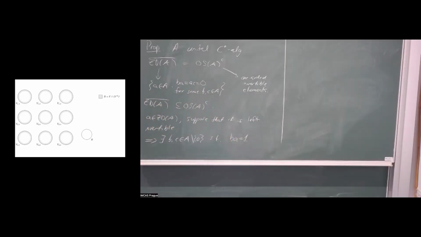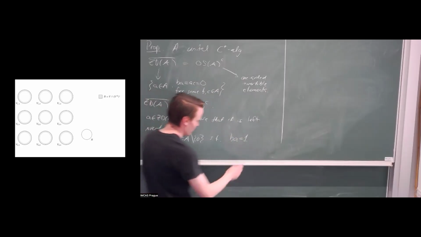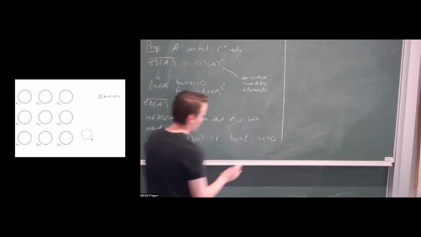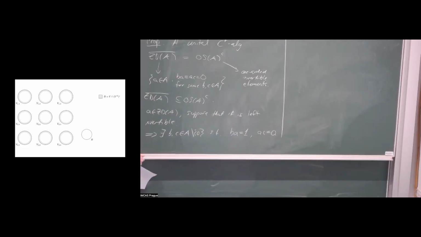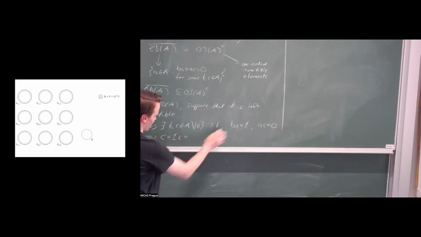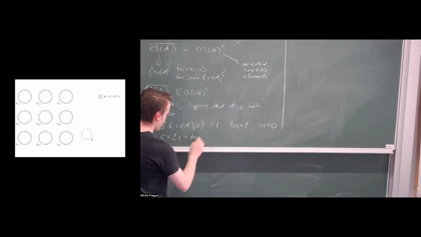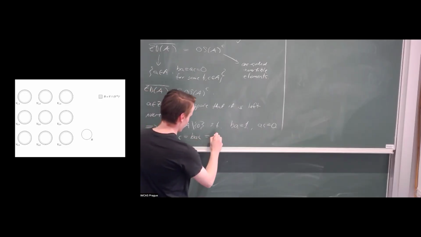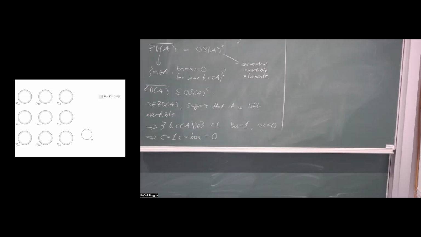So let's say B times A equals 1. But it's also a two-sided zero divisor. So this C annihilates A from the right. Okay, but then this implies that C equals 1 times C. And then we can invoke this equality. So this is BAC. And then using associativity, you can see that this is actually 0. But we assumed that C was non-zero, and so we get a contradiction, and therefore we show that this inclusion holds.